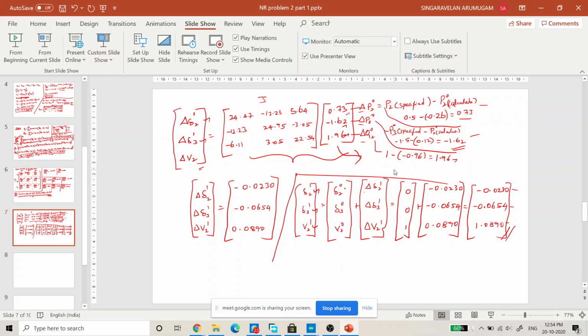That means in a type 0 system, when the input is unit step, the steady state error is constant. Kp is constant, so automatically steady state error is also constant. That's the main thing. The same thing now we'll check for the type 1 system.